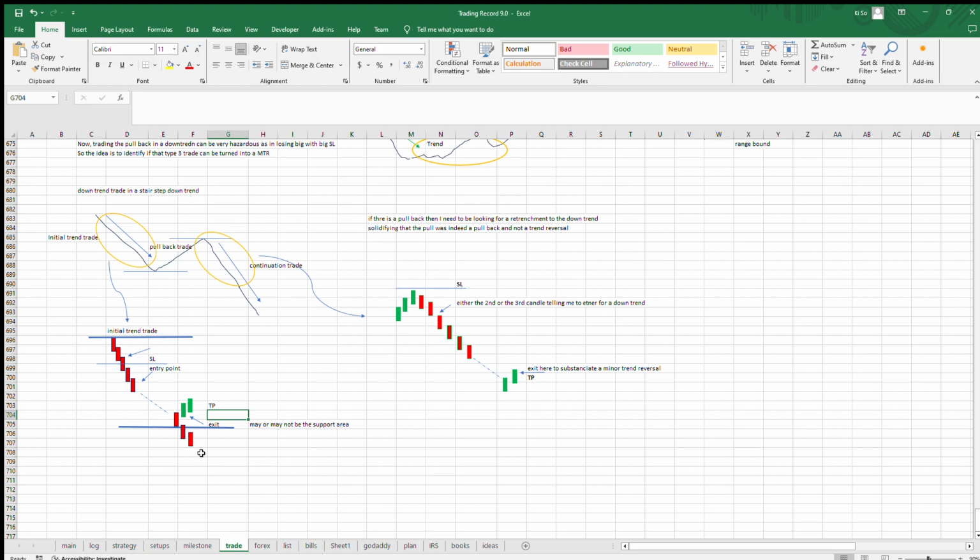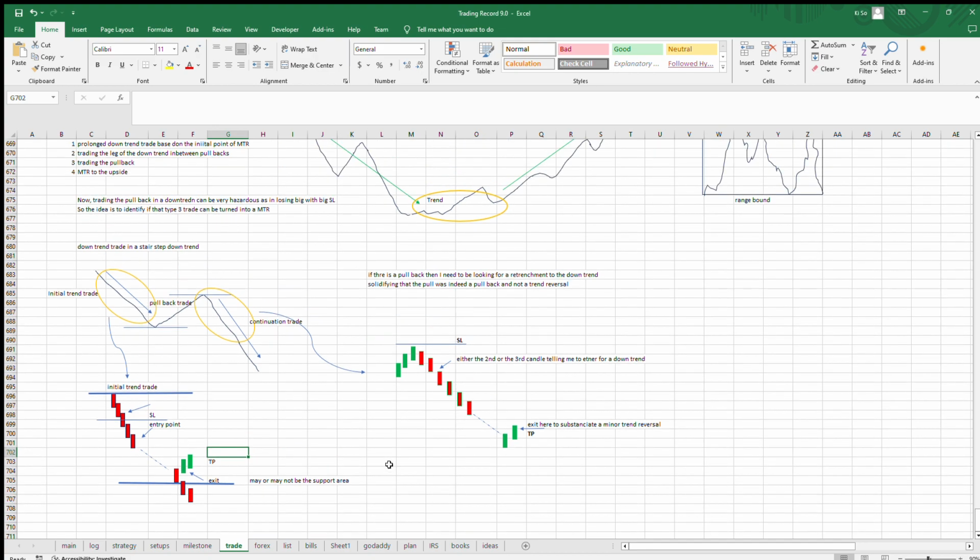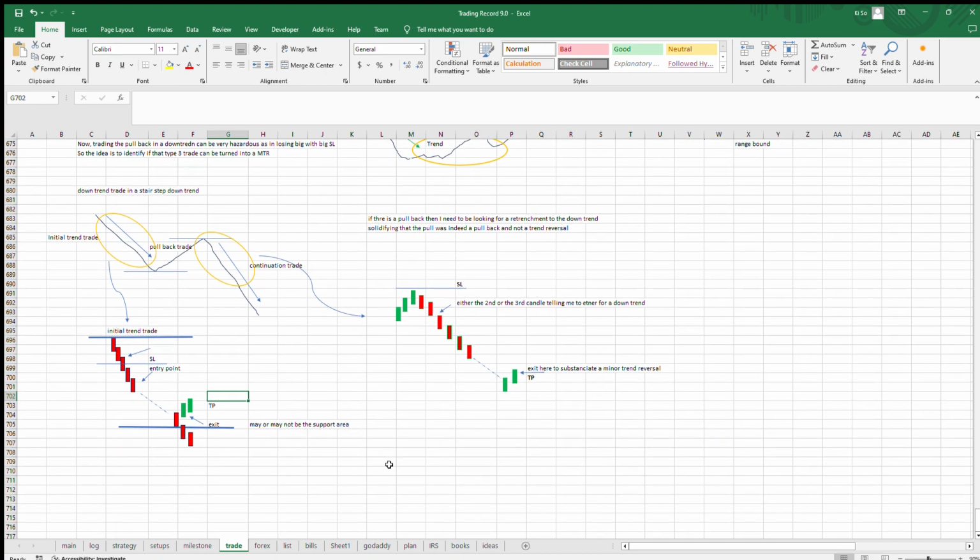If it continues, then I allow it to continue. Okay, take profit area. Foundationally speaking, this is how I'm going to trade it.